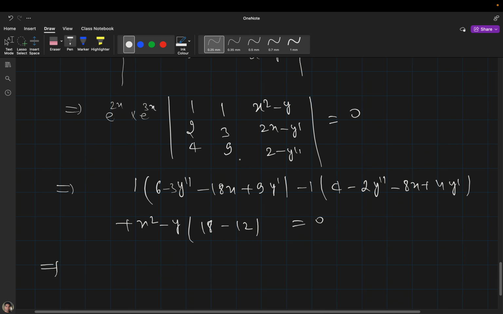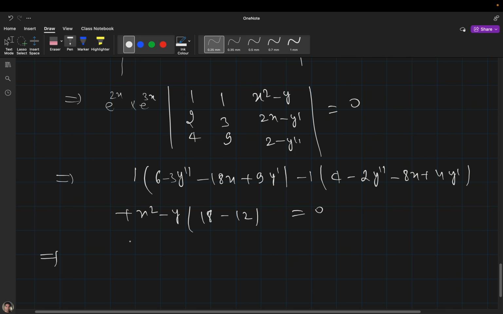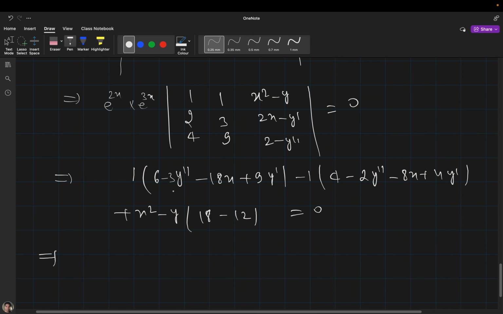Minus 18x plus 9y dash, this will be 4 minus 2y double dash minus 8x plus 4y dash. The rest is correct, right? So minus y double dash. Then you have to find the factor of y dash: here 9y dash, here minus 4, so you will have 5y dash. Now you have to find y.